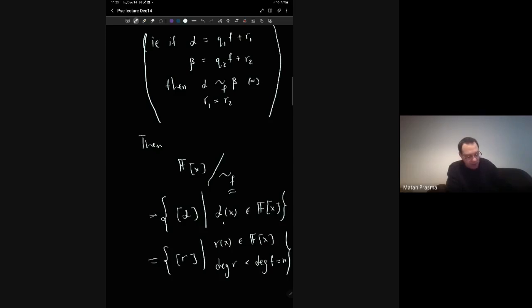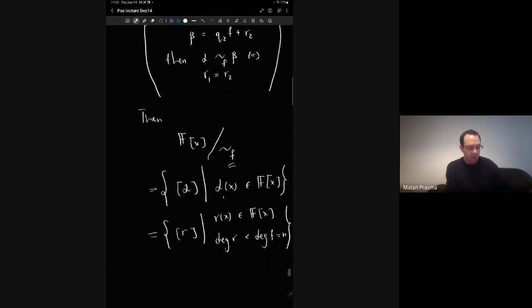It's just another way to describe the same set, because whenever I have a polynomial of degree bigger than or equal to n, I can do long division, and the equivalence class of the remainder is the same as the equivalence class of the original polynomial.